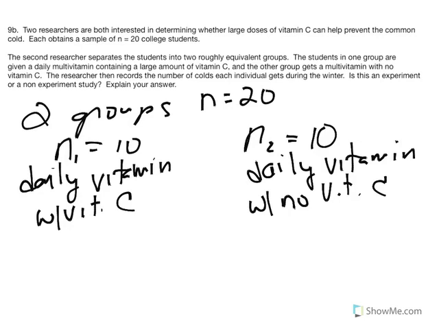The researcher has the ability to randomly assign those 20 individuals into these two different groups. We've identified how the two groups differ from each other: one vitamin C group, one without vitamin C.